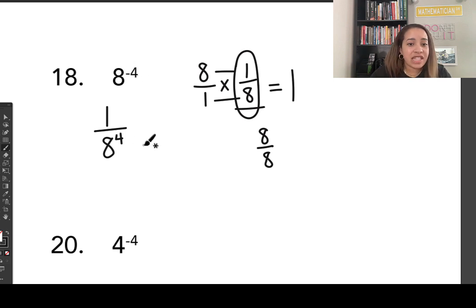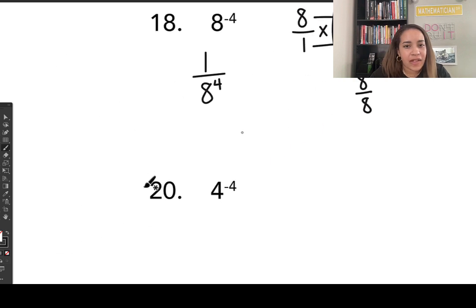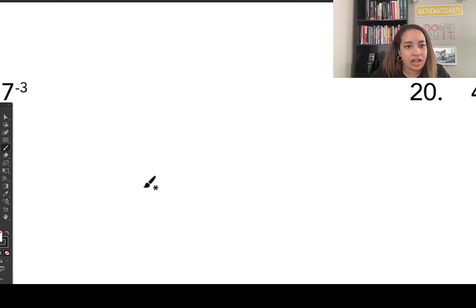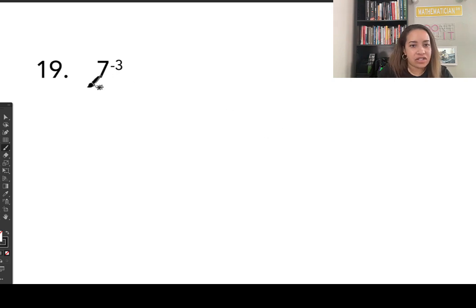Now that I've seen that pattern a few times, I can use that shortcut on numbers 19 and 20. My pattern showed me that I will always need a 1 up top, and then my denominator will look almost the same as my problem.